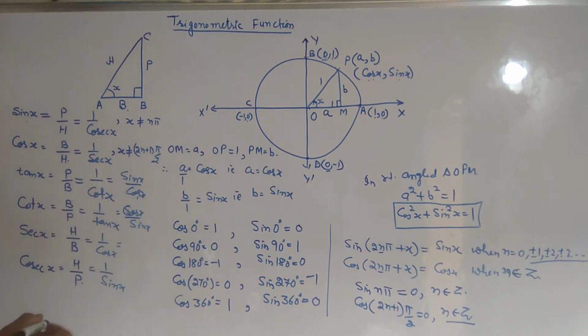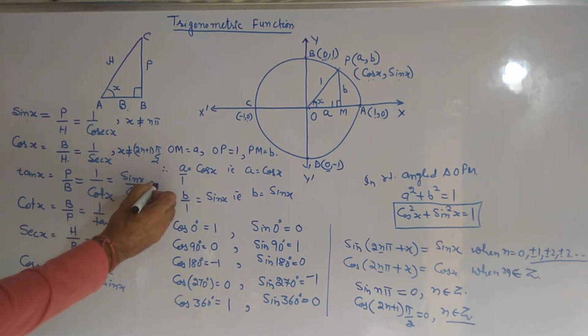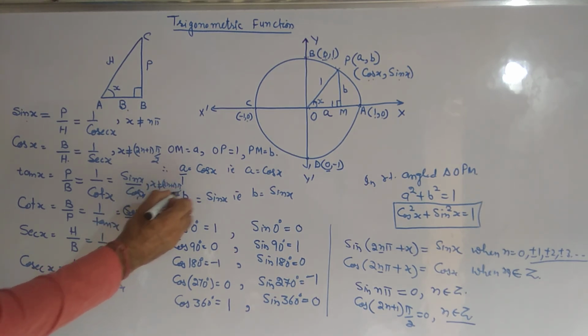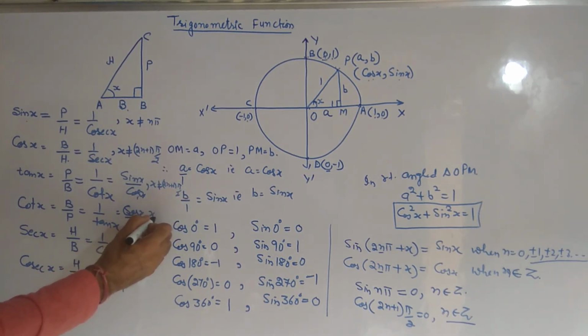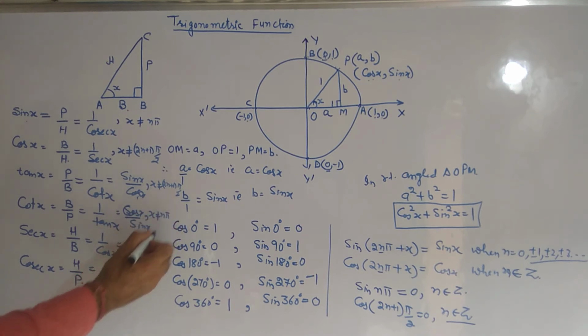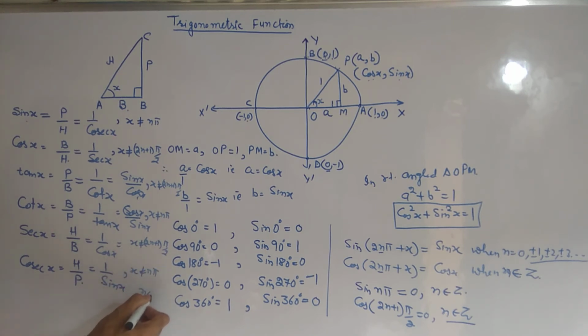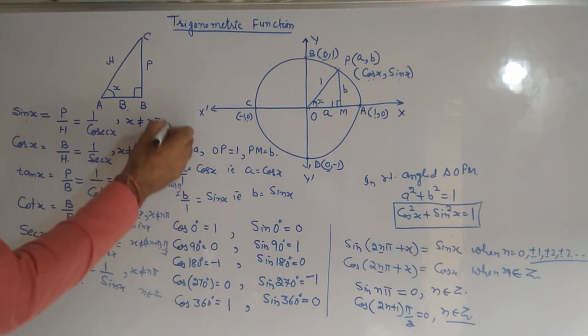So here x should not be equal to (2n + 1) times π/2, the odd multiples of π/2, because it is undefined. And x should not be equal to nπ, where n is a set of integers.